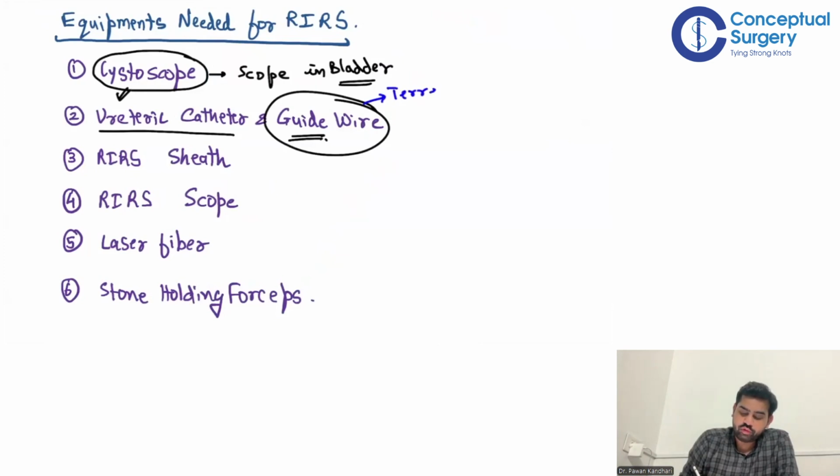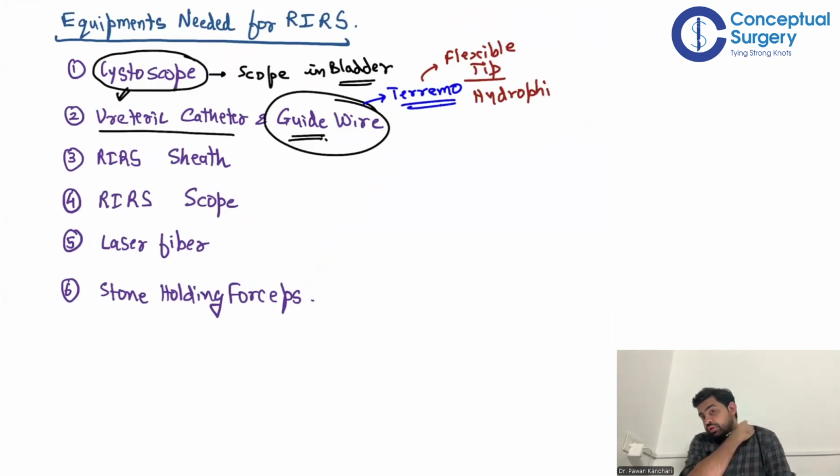Have you ever heard of a Terumo guide wire? Okay, so what is this? This is the one which has the flexible tip, and this is the only thing which we use. It has a flexible tip and it is hydrophilic. Okay, this is what you need to understand, that it basically glides.